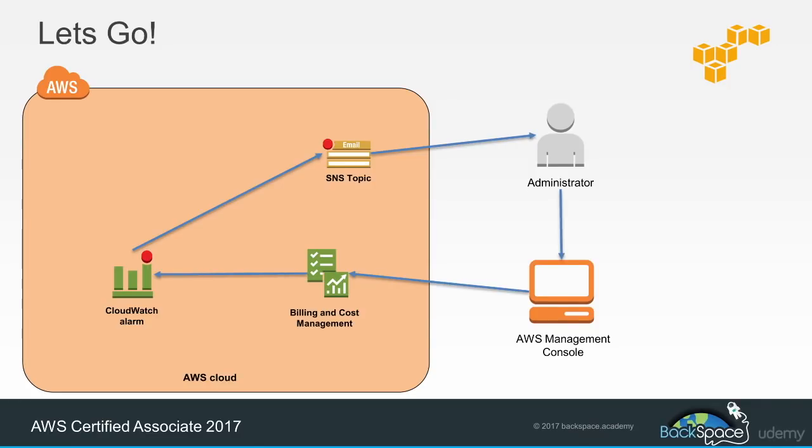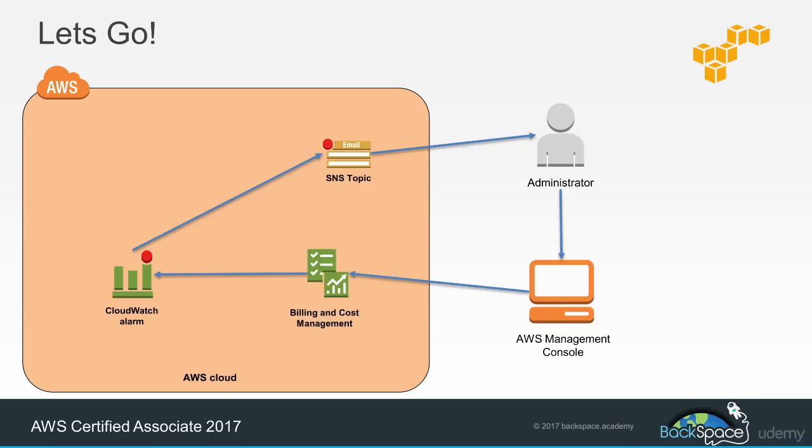Okay, so let's have a go at using one of these management tools. As we stated before, we're going to create a billing alert that's going to send us an email whenever our costs are exceeded or estimated to be exceeded. The way we're going to do that is we're going to use the AWS Management Console, and we're going to enable billing alerts within the Billing and Cost Management Console.